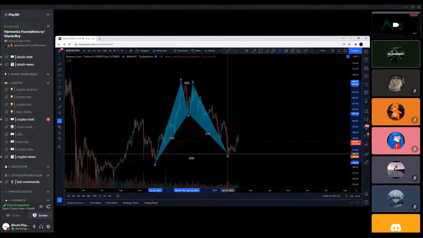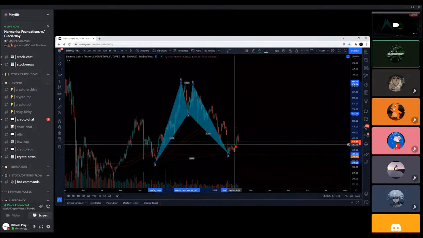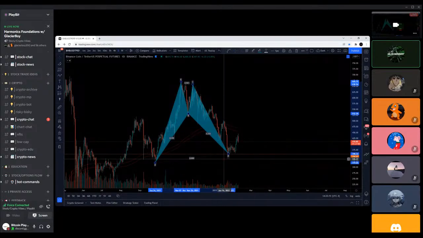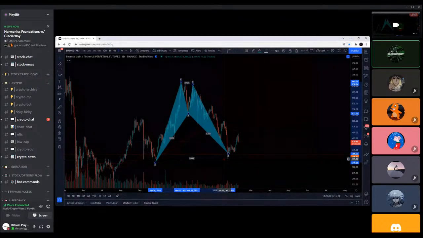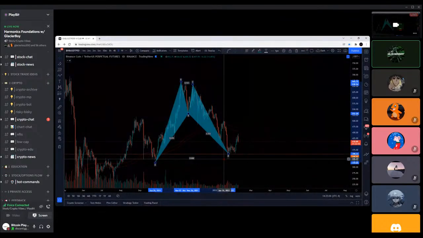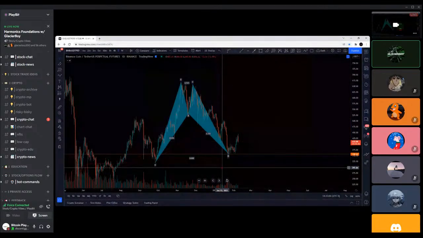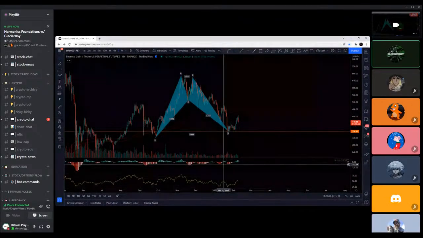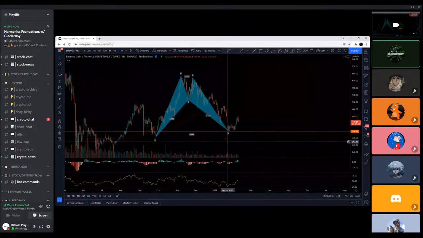You could take the risk, and especially if Bitcoin was showing some signs of reversal, you take into account other things, because I'm not just looking at these harmonics. You take into account Japanese candlesticks, like a bullish engulfing candle, or a reversal hammer at the bottom of the range, some little signal along with confirmation, or maybe you turn on your indicators and there was some sort of divergence going on at the 886 seller exhaustion.